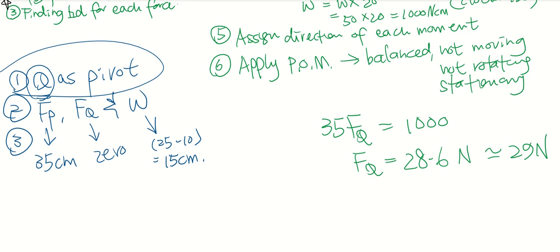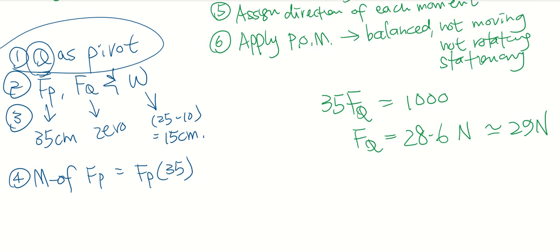Okay, therefore step 4, we calculate moment. Moment of Fp is equal to Fp multiplied by 35. I say this again because now we are using Q as the pivot. I hope the color can help you. Now Fq is having the fate of having no moment because the perpendicular distance is 0.